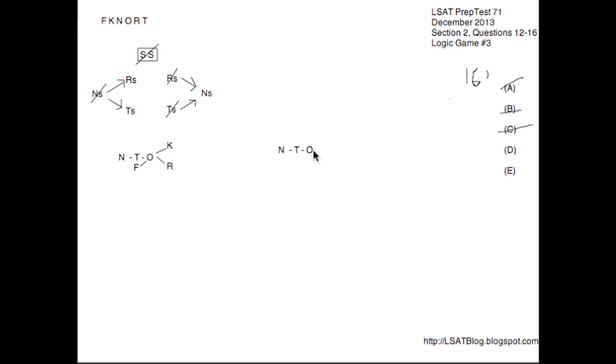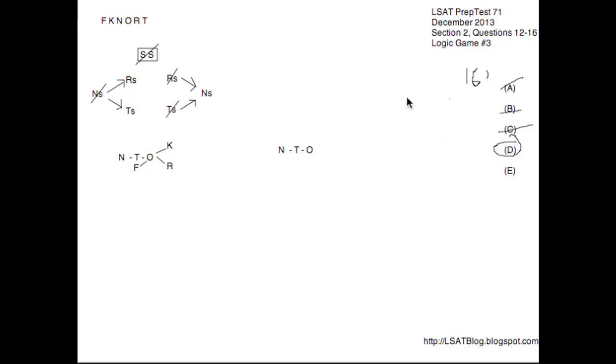If you put O on 4, you have N and T before it, that leaves only one remaining space within the first 4. Not enough room for K and R to go there. So they're going to be forced to go later on 5 and 6 anyway as a result of this limitation. So this choice kind of elegantly and in a roundabout way forces K and R to go on 5 and 6. So D is our answer for 16.